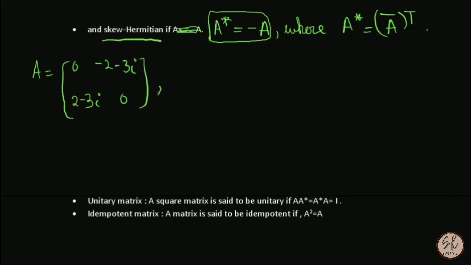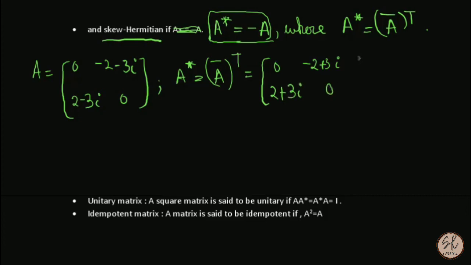Then A star, that is the conjugate transpose. The conjugate is [0, -2 plus 3i; 2 plus 3i, 0], and its transpose is [0, 2 plus 3i; -2 plus 3i, 0].